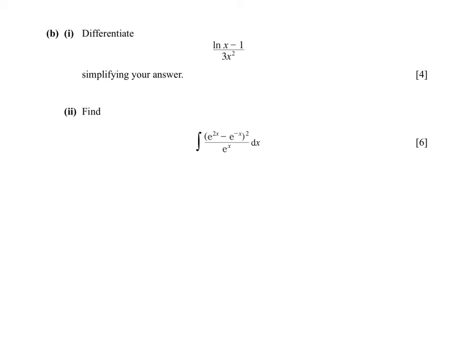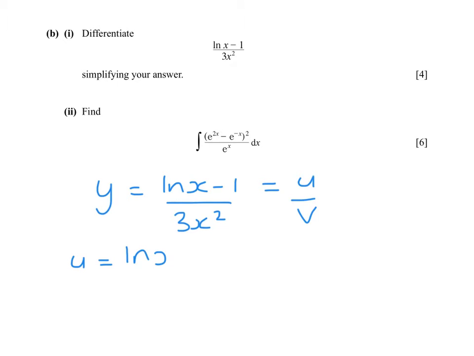If we want to differentiate this, we have a quotient. So the top line is u, and the bottom line, the denominator, is v. So u is ln x minus 1, and whenever we differentiate that, we get 1 over x. v is 3x squared, and whenever we differentiate that, we get 6x.